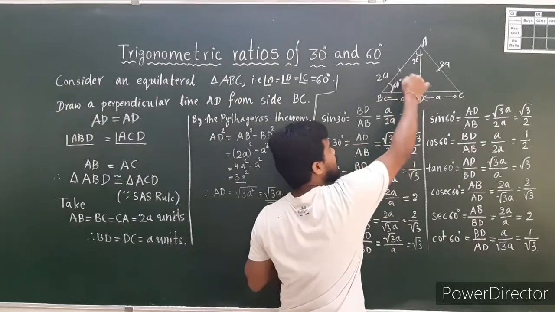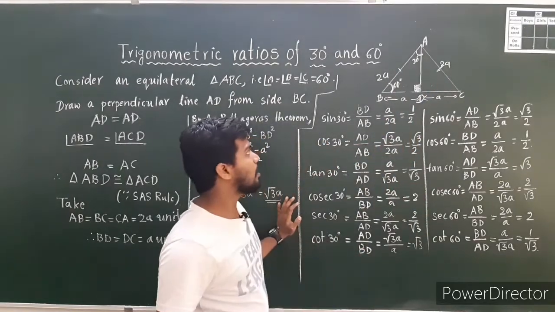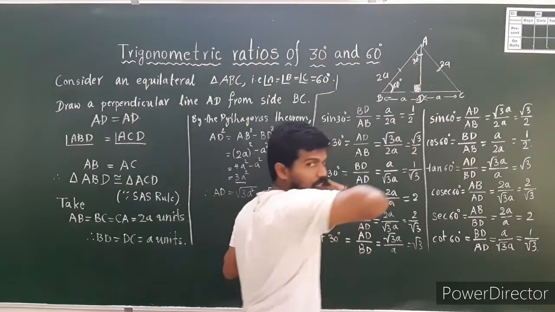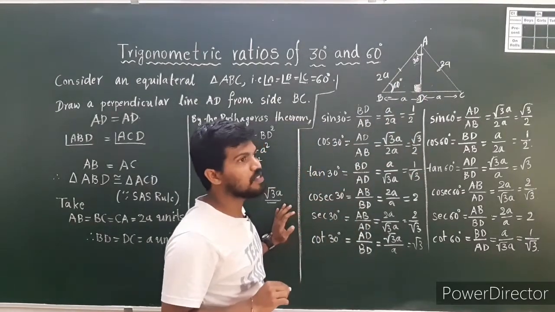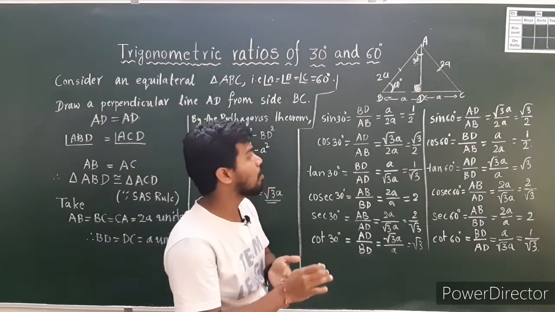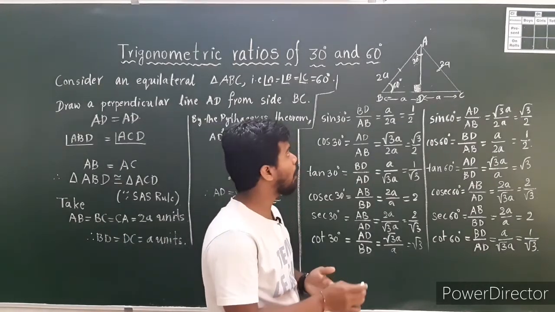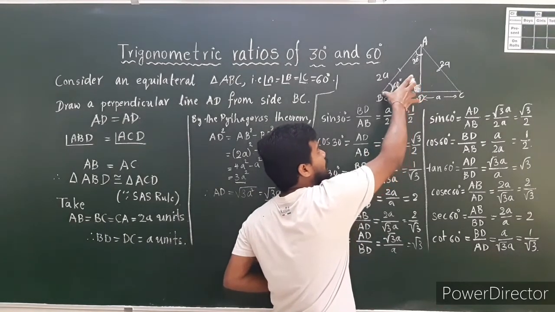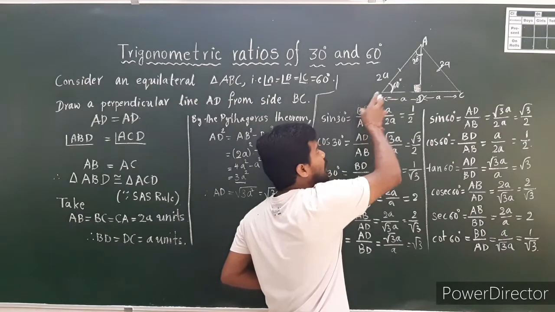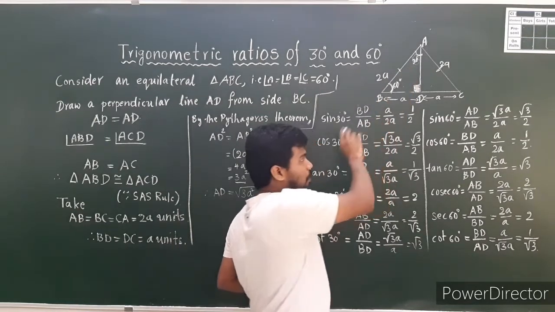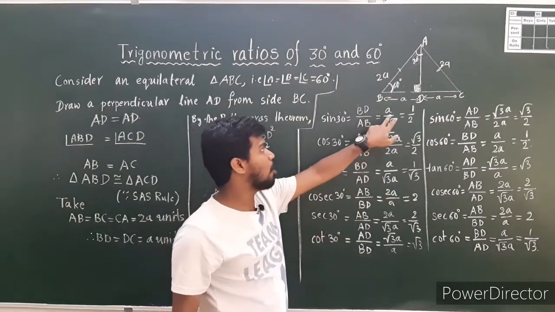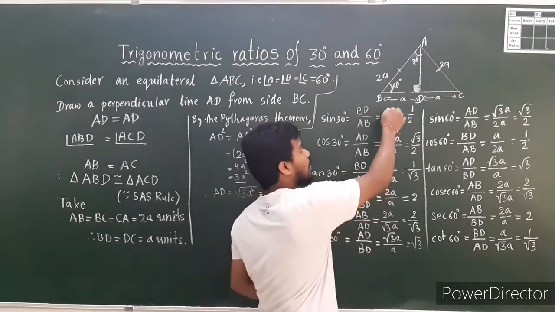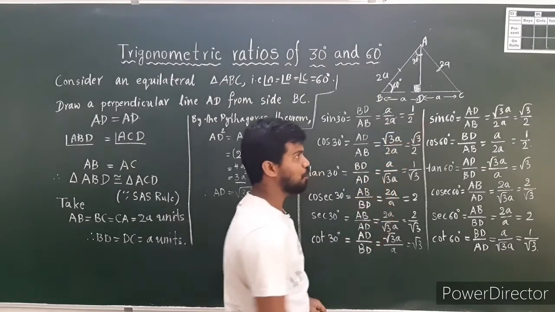So sine 30, where is 30 now? Here. See here. So what is the definition of sine? Opposite side by hypotenuse. So for 30 degree, the opposite side is BD divided by hypotenuse that is AB. So BD by AB, the value of BD is A divided by 2A, A cancels, you get 1 by 2.